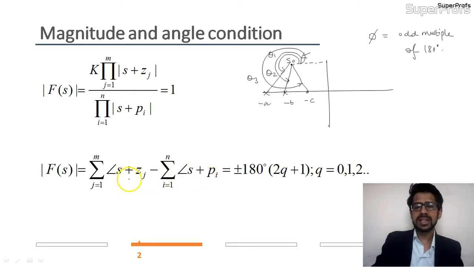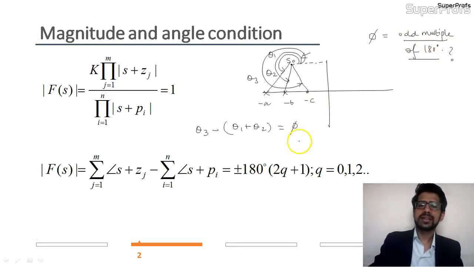The angle made by the zero is theta 3, and then we subtract the summation of angles made by the poles, which are theta 1 and theta 2. We check if this phi is an odd multiple of 180.